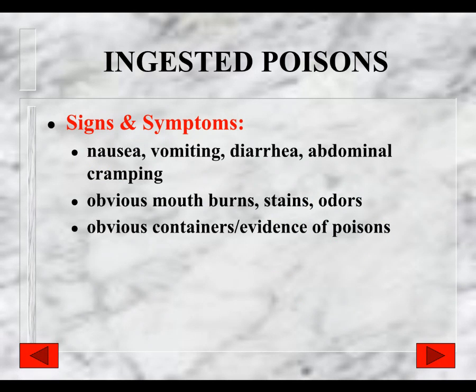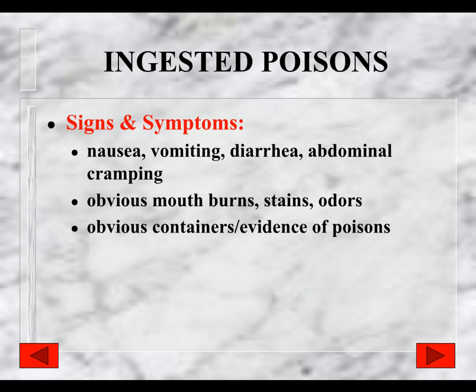If someone ingests poison, signs and symptoms might be nausea, vomiting, diarrhea, abdominal pain. They may throw up blood, or may have bloody diarrhea. They may have a weird odor coming from their breath. They may have pale or damaged skin on the inside or outside of their mouth.